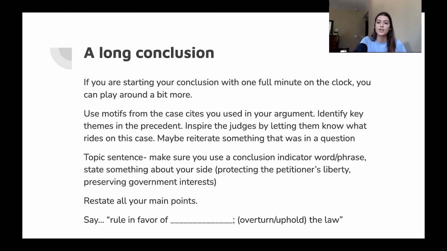This is really good, especially for someone who's arguing respondent, because petitioner has gone ahead of you and they've maybe convinced justices of a certain view. So this is your opportunity to correct that.